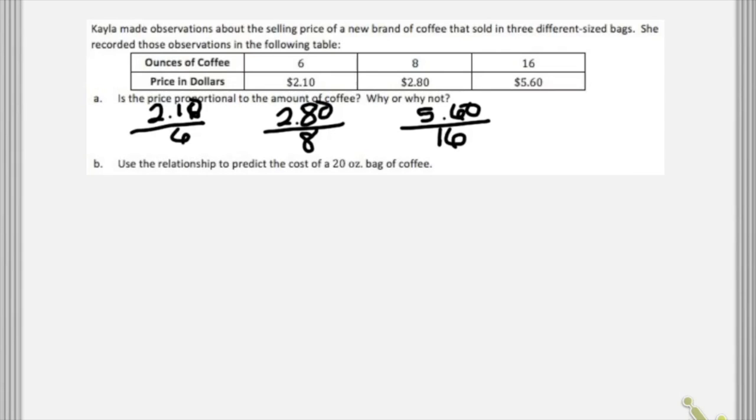So now we divide. $2.10 divided by 6. So 210 divided by 6. Well, that would go in there 3 times. That's 18. That goes in there 5 times. So this is 35 cents.